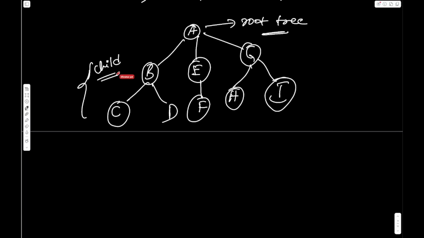For every tree, we will have only one root node, and the rest of the nodes will be either a parent node or a child node. So this will become the child node, and this is the parent node of the child.